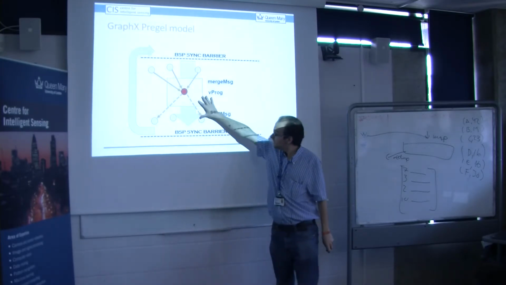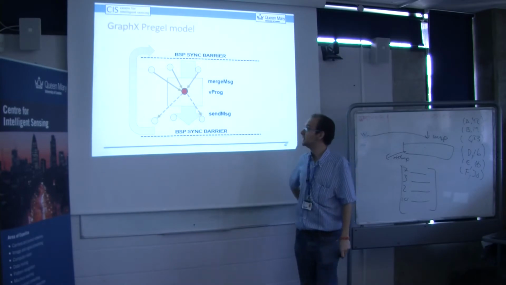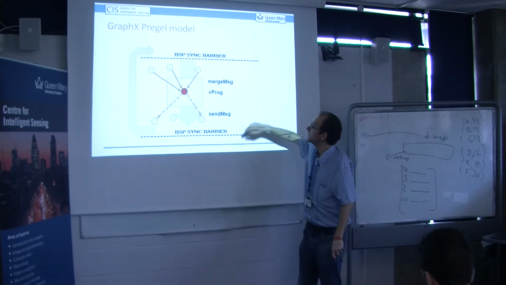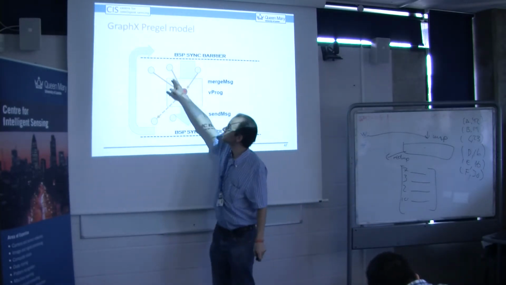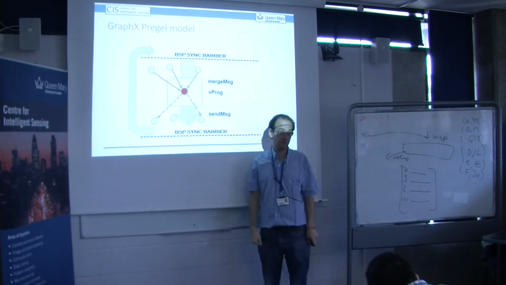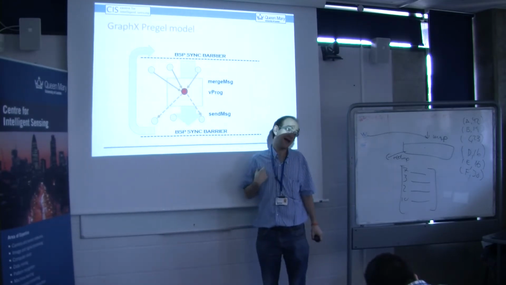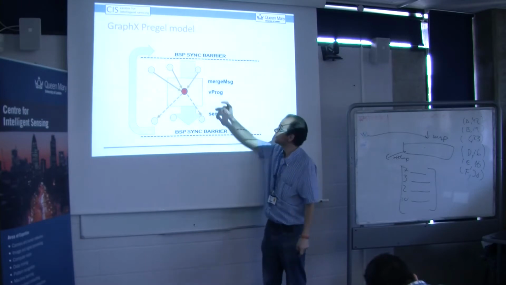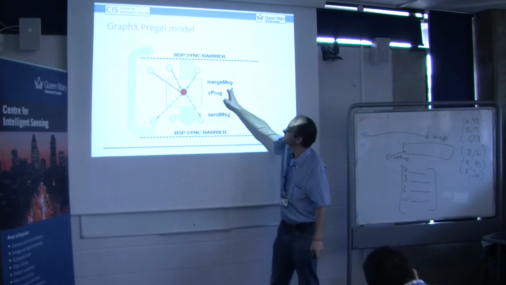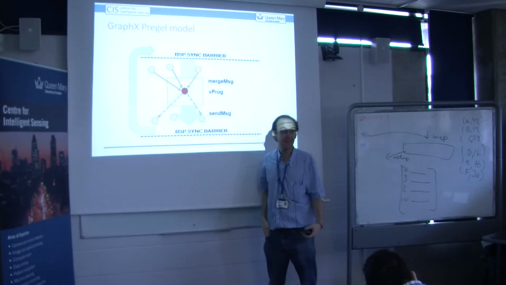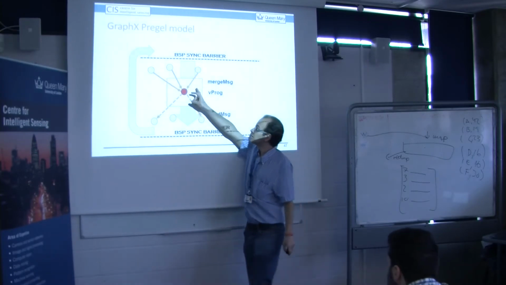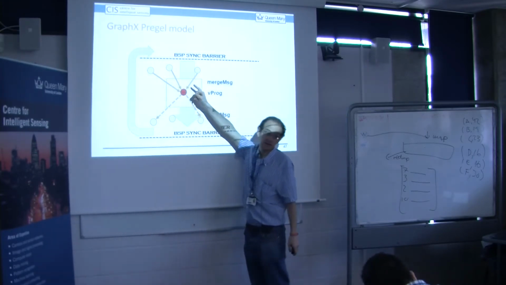So let's pick that model again that we saw before. First, we receive all the messages from my neighbors, and I'm going to run this merge message in order to consolidate them into a single message.